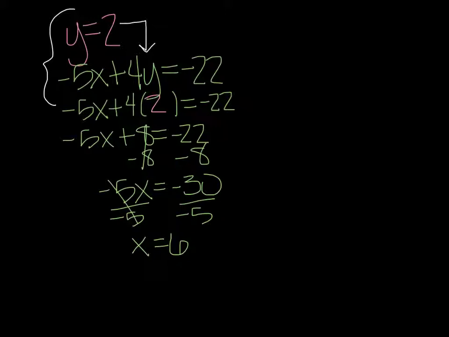So I can take this information, x equals a positive 6, and combine it with the information that we were given, that y equals 2, and I could write the exact location of the solution for this system. And that would be when x is 6, y is 2.